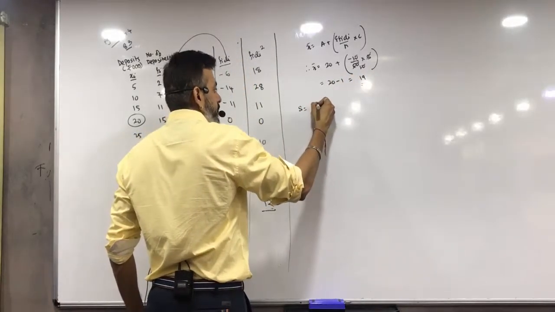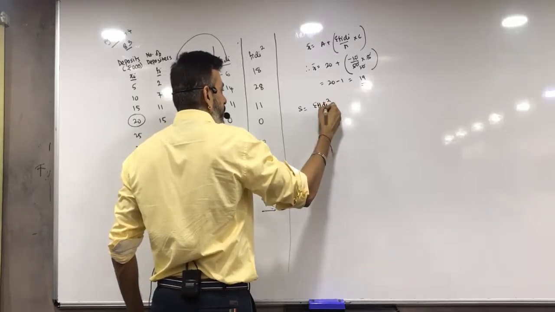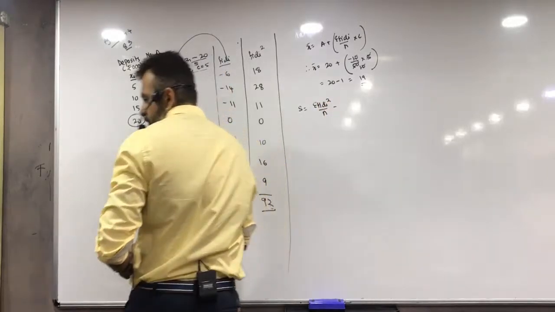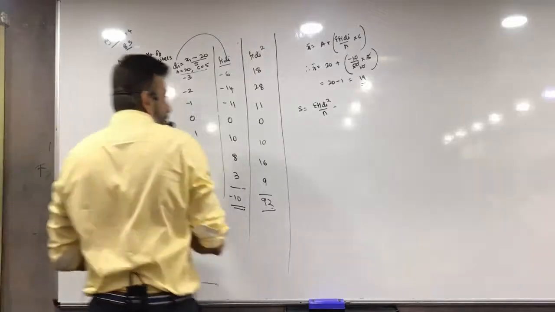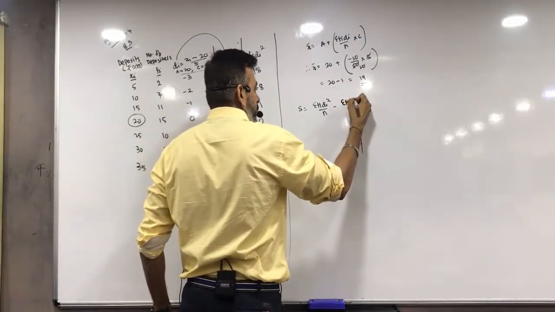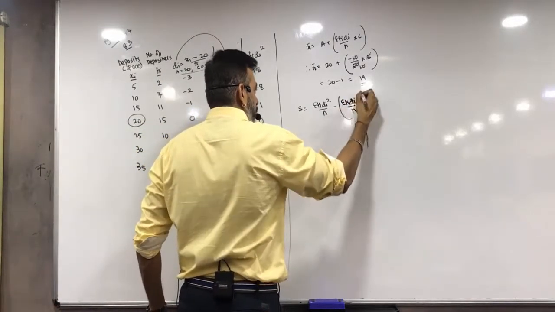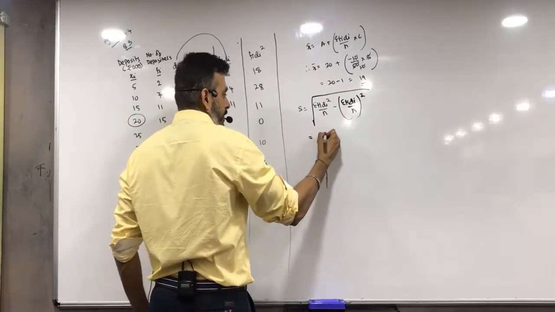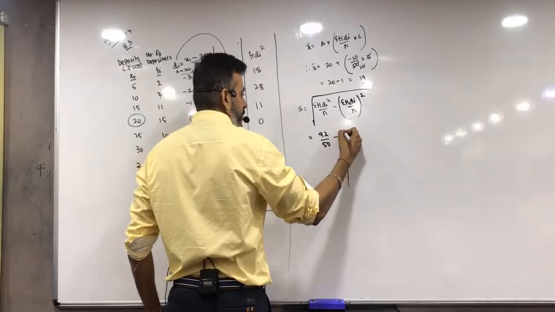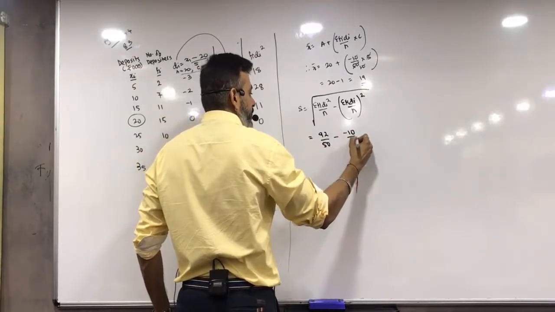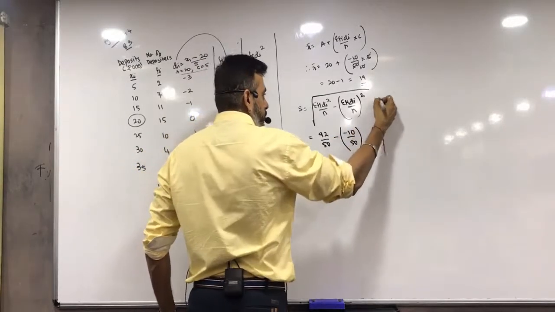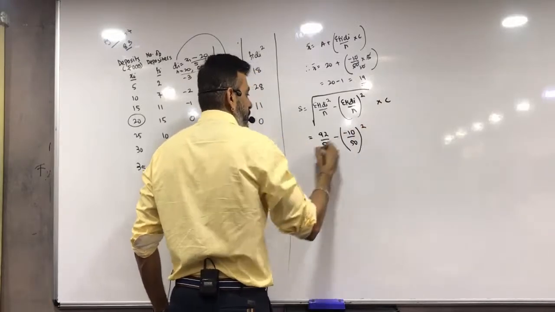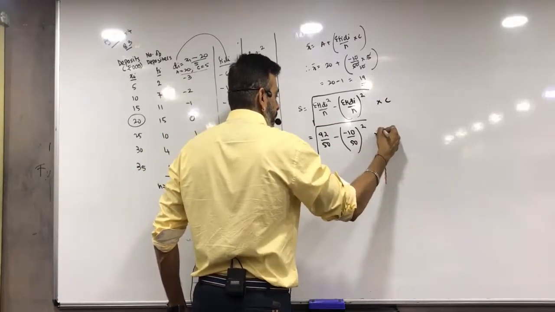Standard deviation is the square root of sigma fi di square upon n minus (sigma fi di upon n) the whole square, into c, which is equal to the square root of 92 by 50 minus (10 by 50) the whole square, into 5.